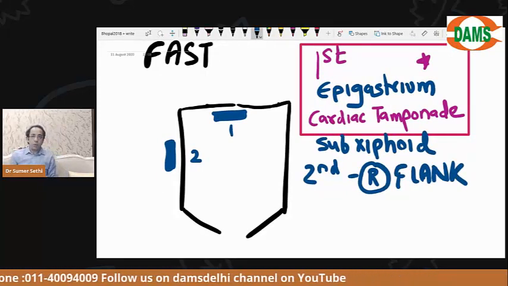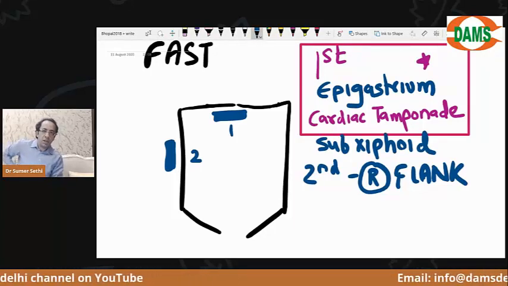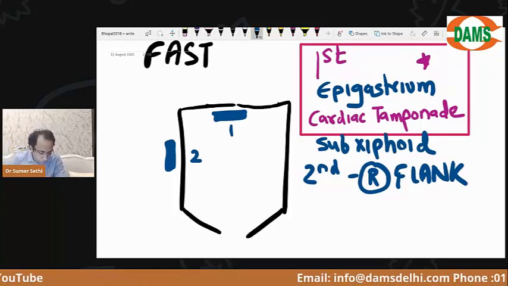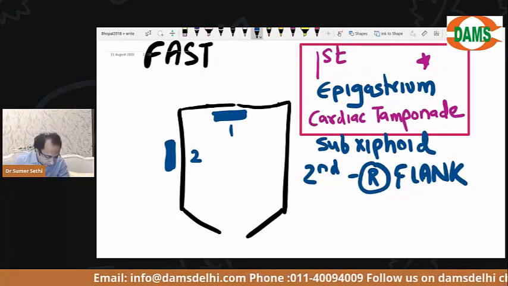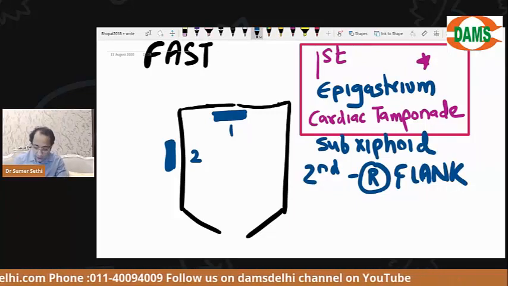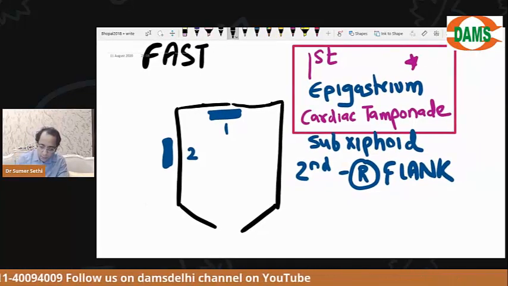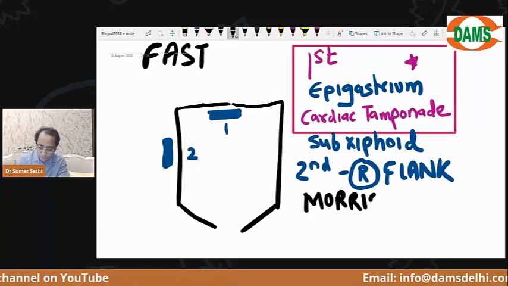When I keep the probe in the right flank, on the right side you have the liver and the kidney. So we try to look between the liver and the kidney. That is called the hepatorenal pouch or Morrison's pouch.